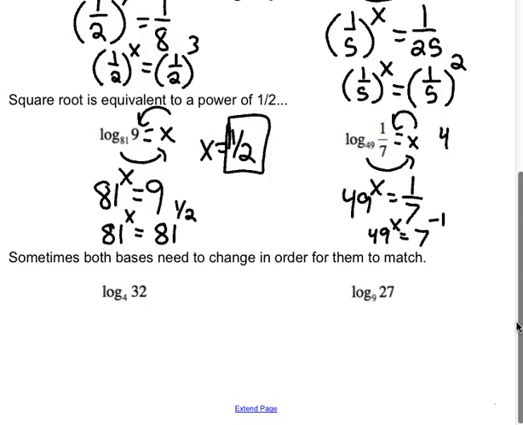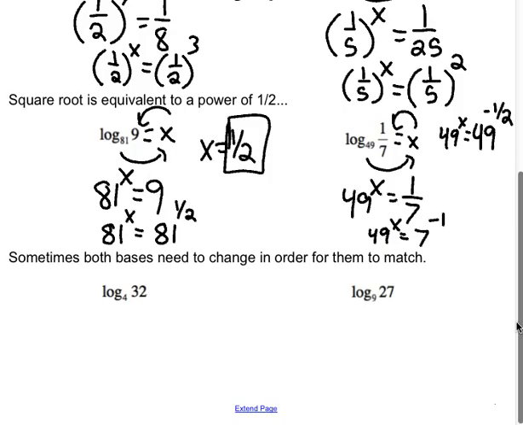So what that means is I need to rewrite this in terms of 49. 49 to the 1/2 gives me 7. Okay, so to rewrite it in this case again, because I have to rewrite it in terms of 49, well, the square root of 49 is what 7 is.